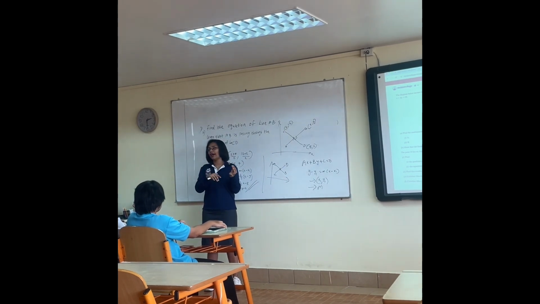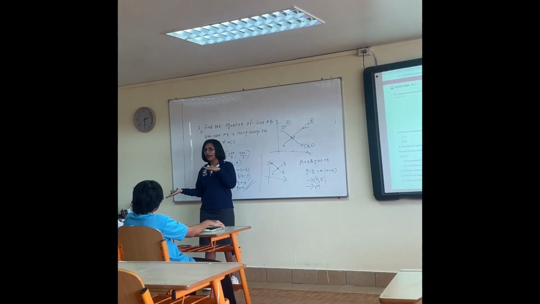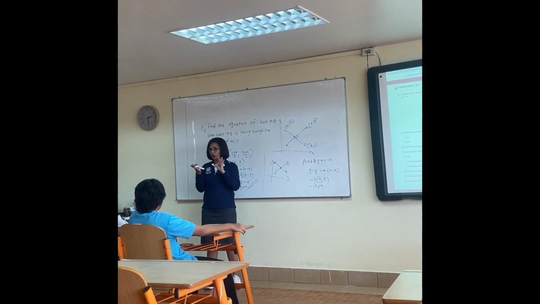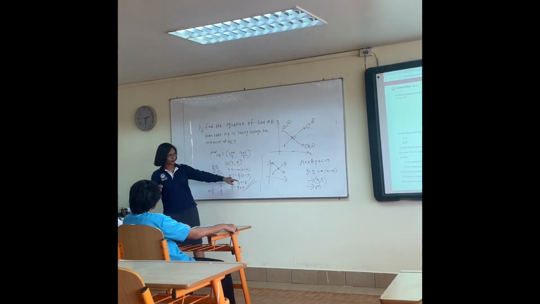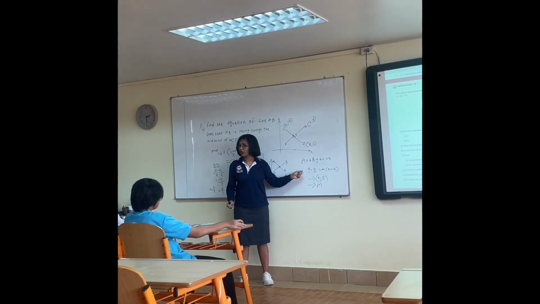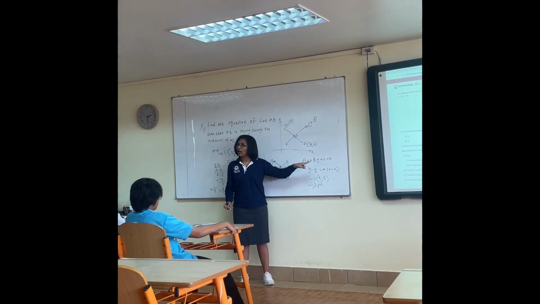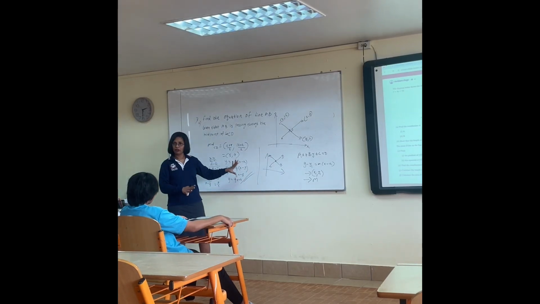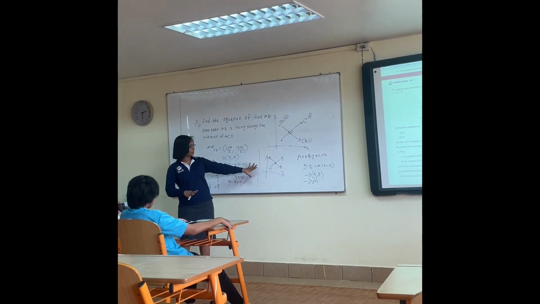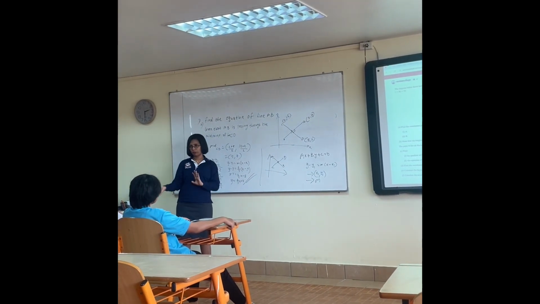And slope and gradient are the same. And this formula is important: line equation, y minus y1 equals m times x minus x1. These are the basic things. If you know this, we can do the questions.